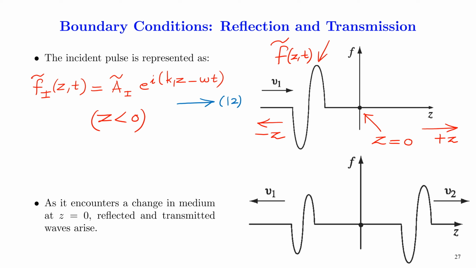Now, as the wave encounters a change in medium, or as the wave hits z equal to 0, reflected and transmitted waves arise. The reflected wave propagates in the negative z direction with a velocity v1, and the transmitted wave propagates along the positive z direction with a velocity v2.